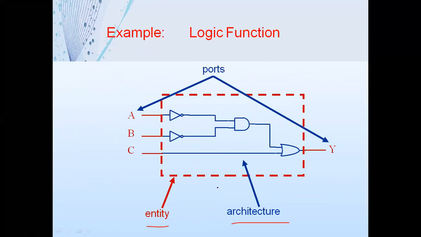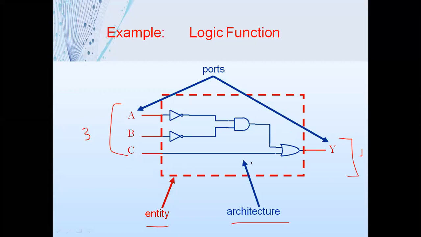So now see with the red color, if you observe, the red color box represents the entity, where the entity describes the number of inputs and the number of outputs, isn't it? So it describes the 3 inputs and a single output here. A, B, C are the 3 inputs and output Y.